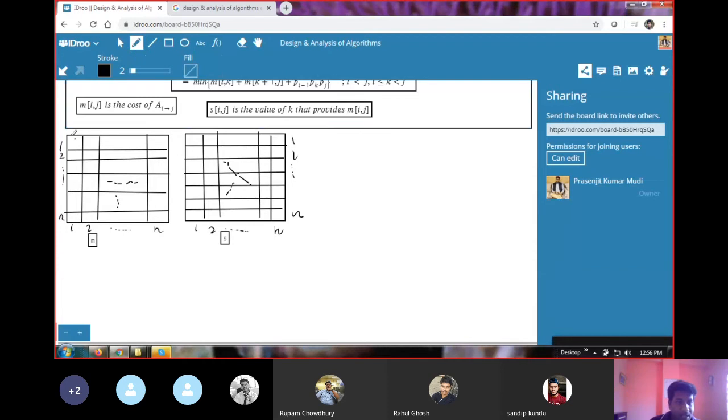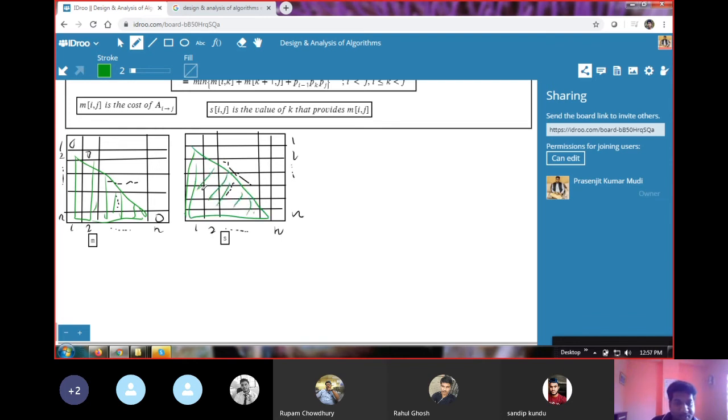You know the m i i are all zeros; the diagonal elements are zeros, where i equals j. Also, these lower triangle cells are not to be filled up.